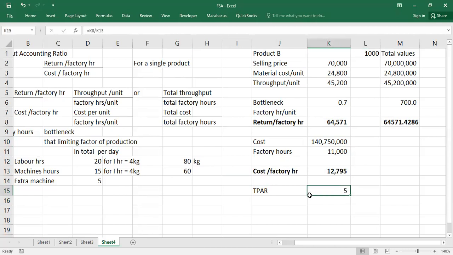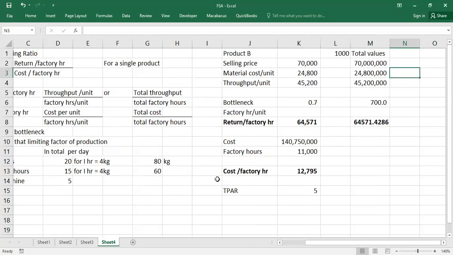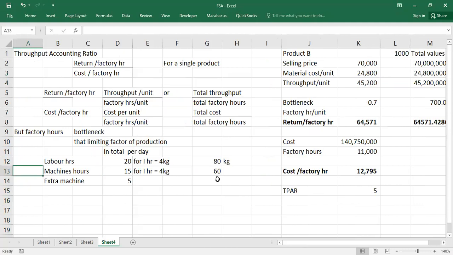So this is when you use per unit. When you use totals, you still get the same answers. So I hope Shakira, I have answered your question. But now we get the bottleneck. The bottleneck, I said, if they don't tell you clearly that the bottleneck is machine hours or direct labor hours, you're supposed to check which one gives the largest output and which one gives you the smallest.